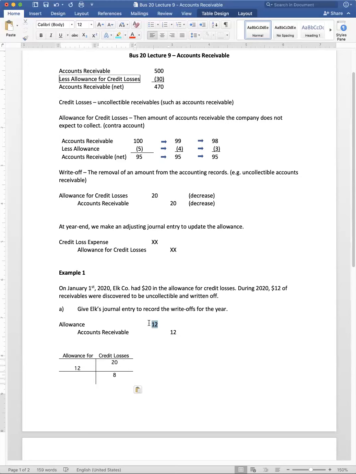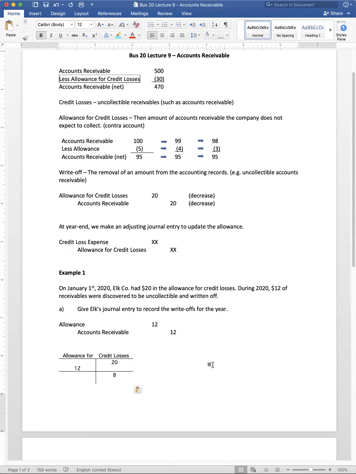Now we have debited or decreased the allowance by $12. That means we have 8 left. Now this is for the entire year. So the amount of write-offs is not the same as the allowance that we set up in the previous year.